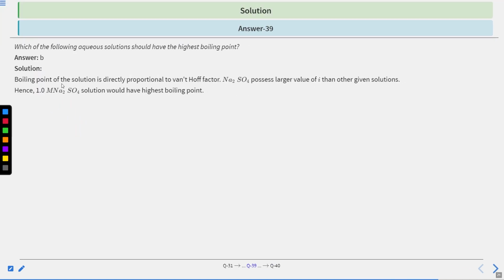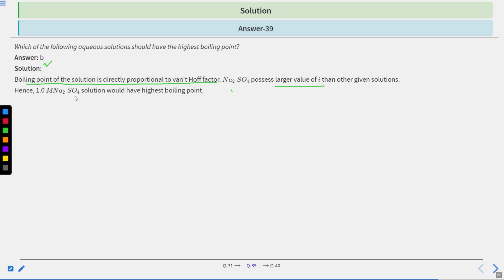Okay, so the correct answer is option B. Boiling point of solution is directly proportional to Van't Hoff factor. We have seen this. And Na2SO4 possesses a larger value of i than other given solutions because Na2SO4 gives more ions after dissociation.